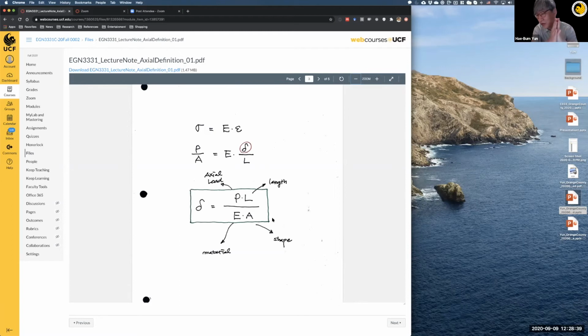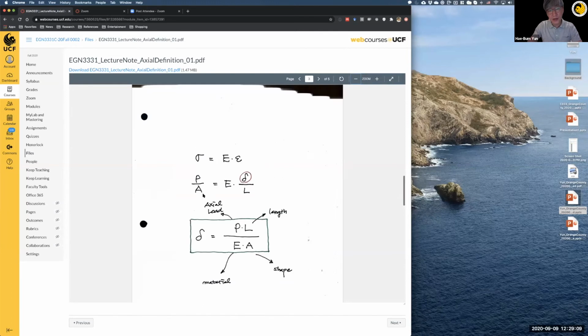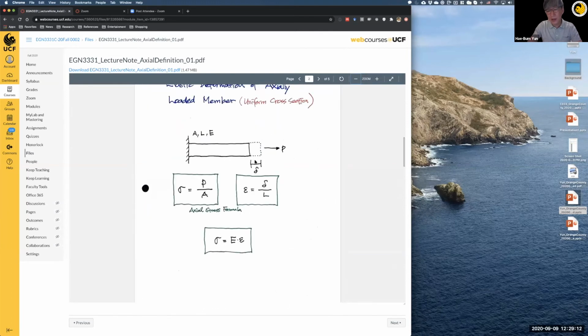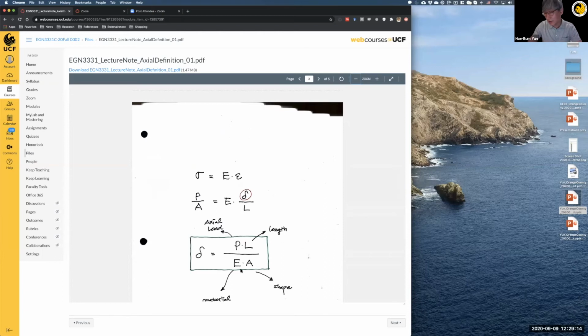Okay, we have questions here. Jenny asks, can we do a problem involving this? Yes, definitely, we will do that. And Gabriel, will we be given the Young's modulus for the problem? It depends. For example, if I ask you to calculate delta, which is the deformation, the elongation, then I have to give you E, right?